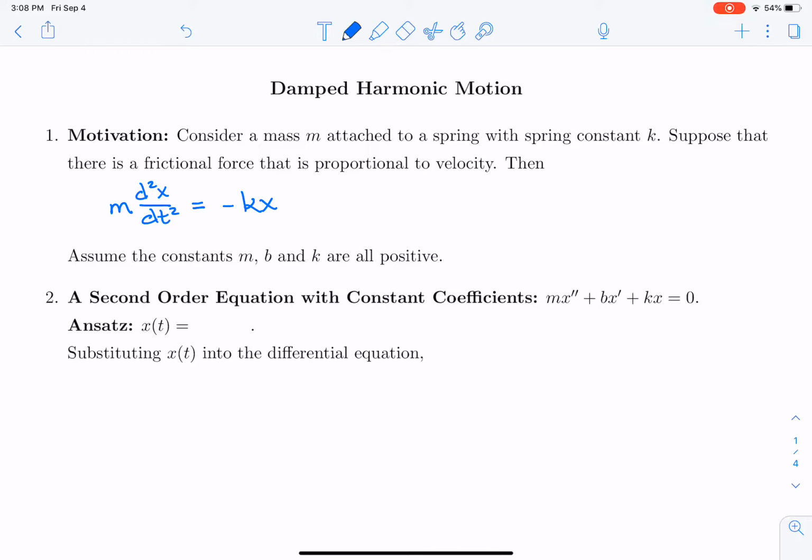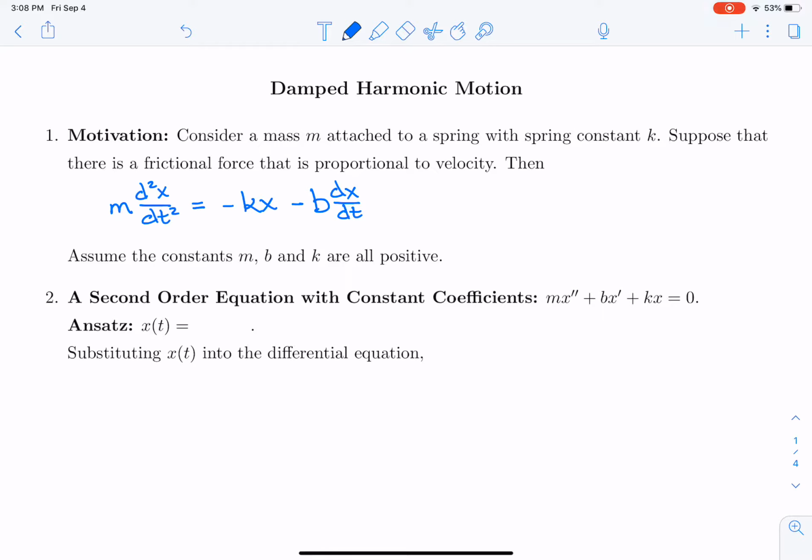But also there's going to be an opposing frictional force. So that would be minus, I'll use the constant b, times dx dt, because that frictional force is proportional to velocity.